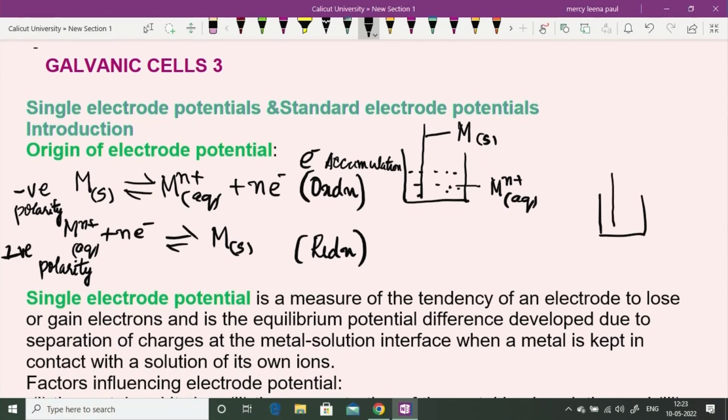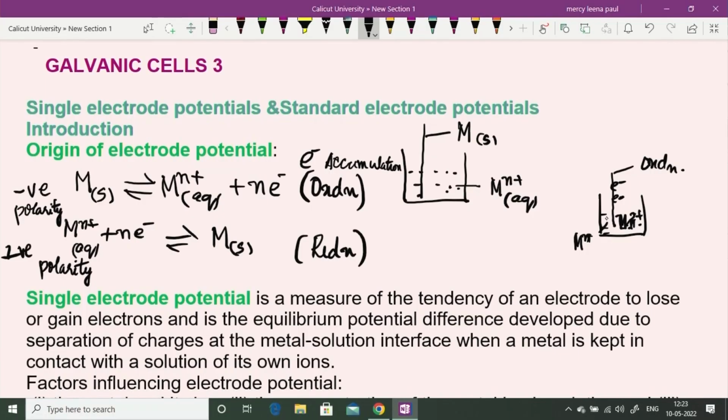Now, I am going to take the first condition in which the metal is getting oxidized. Here oxidation is occurring and there will be electron accumulation on the metal part. At the same time, in the solution you will have Mn plus ions accumulating. Now, what will happen? The metal part has a negative charge and the solution has positive ions.